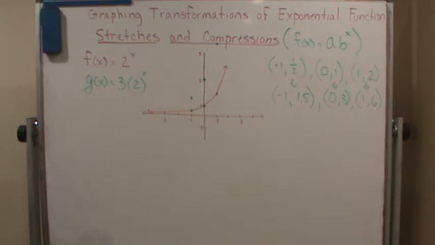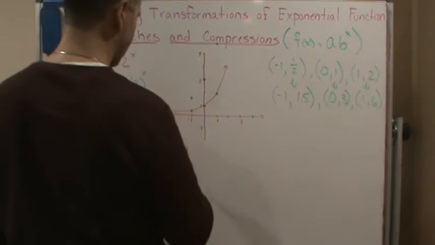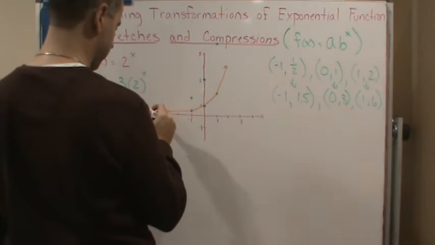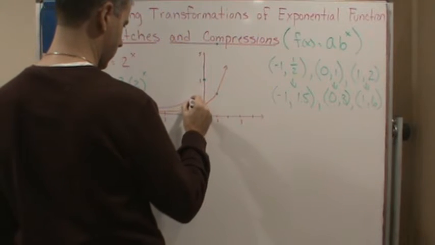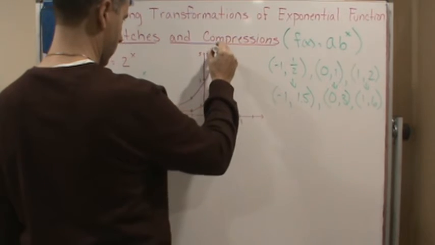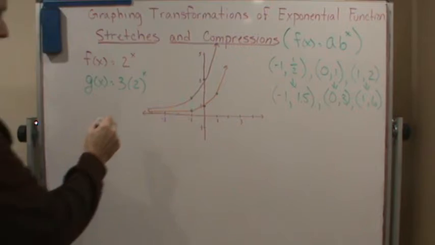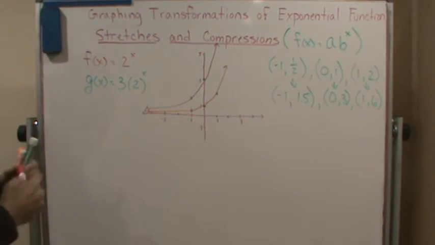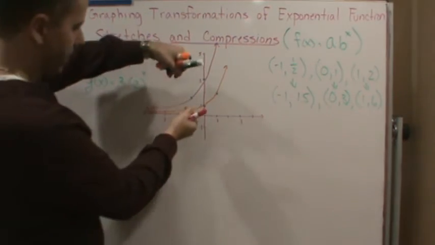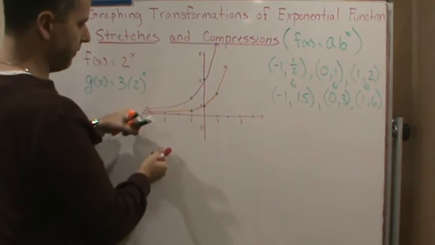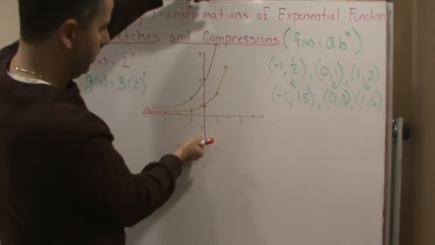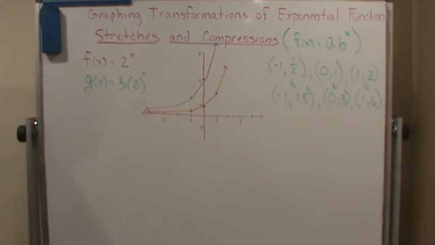So what is this going to look like? Well, g of x is going to end up looking like this. So what happened is this graph of f of x got stretched in the vertical direction.